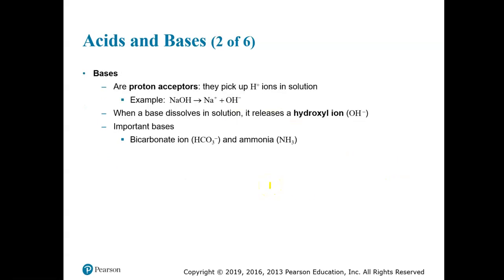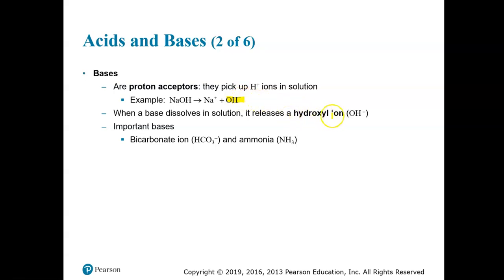Then we can have bases, and bases, instead of donating protons or hydrogen ions, are going to remove hydrogen ions from solution. So an example of a strong base is sodium hydroxide. Now, a base also will donate hydroxide ions, which is OH minus.